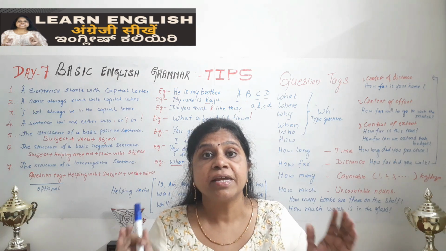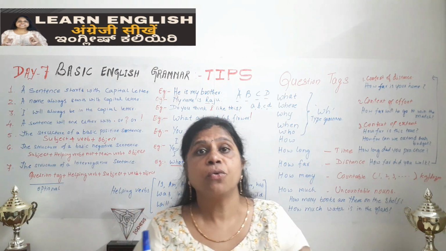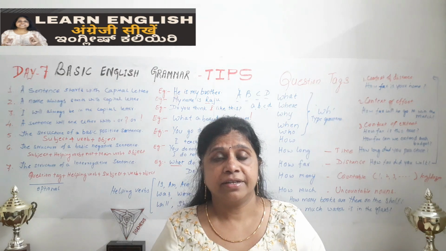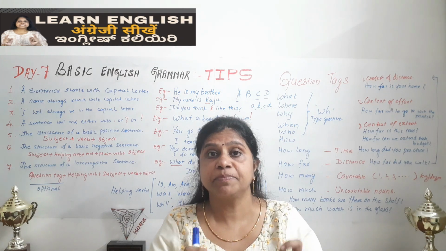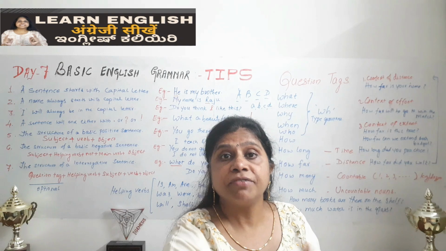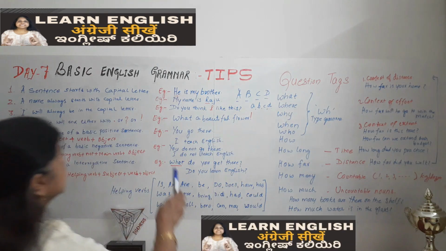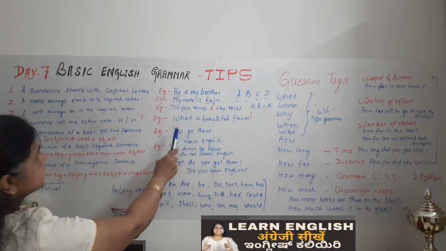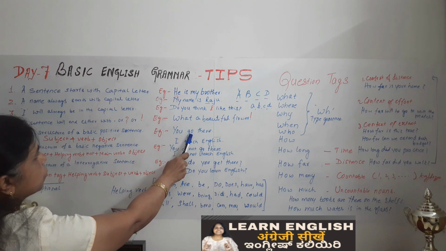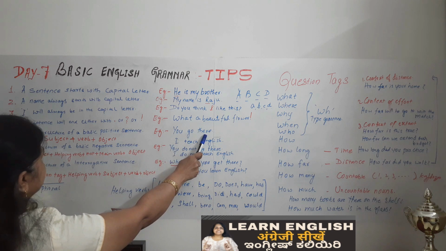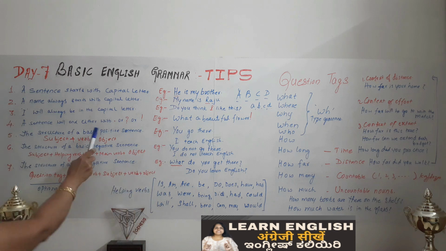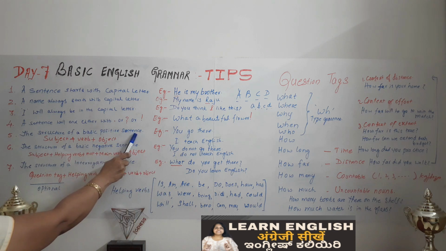So just understand and keep these tips in mind in further days. Alright? So, you go there. In this, you is the subject, go is the verb, and there is the object. This is the basic positive sentence.